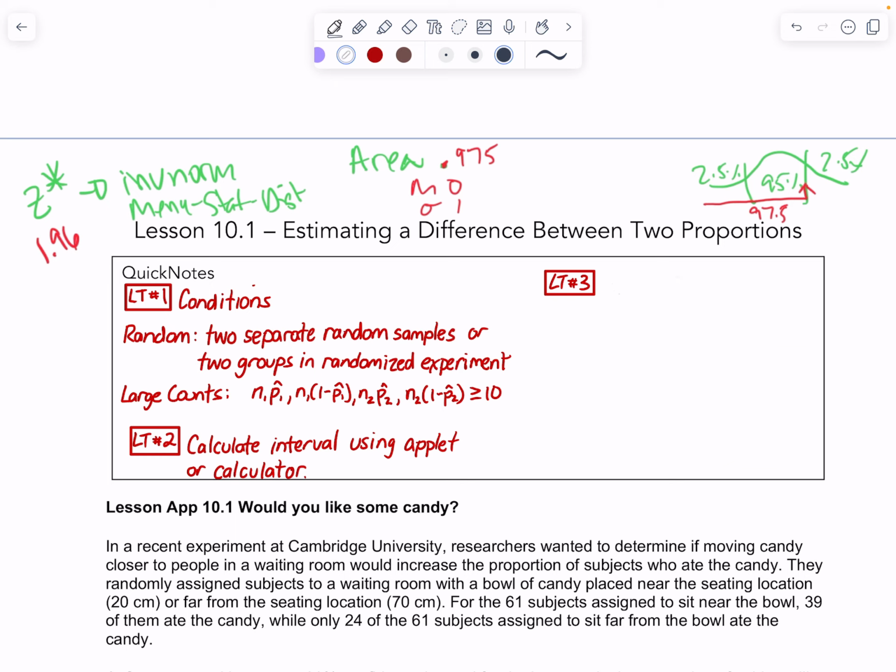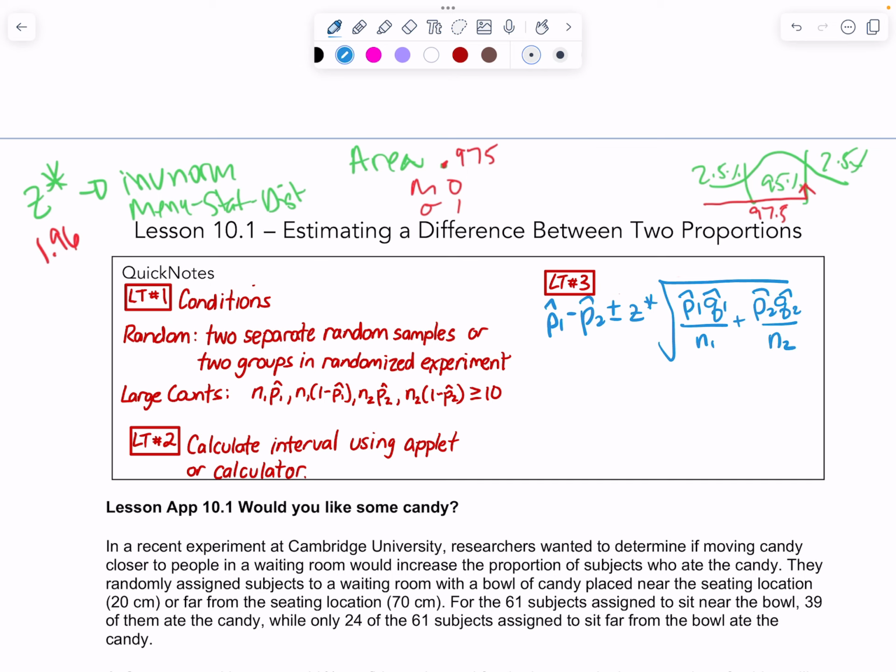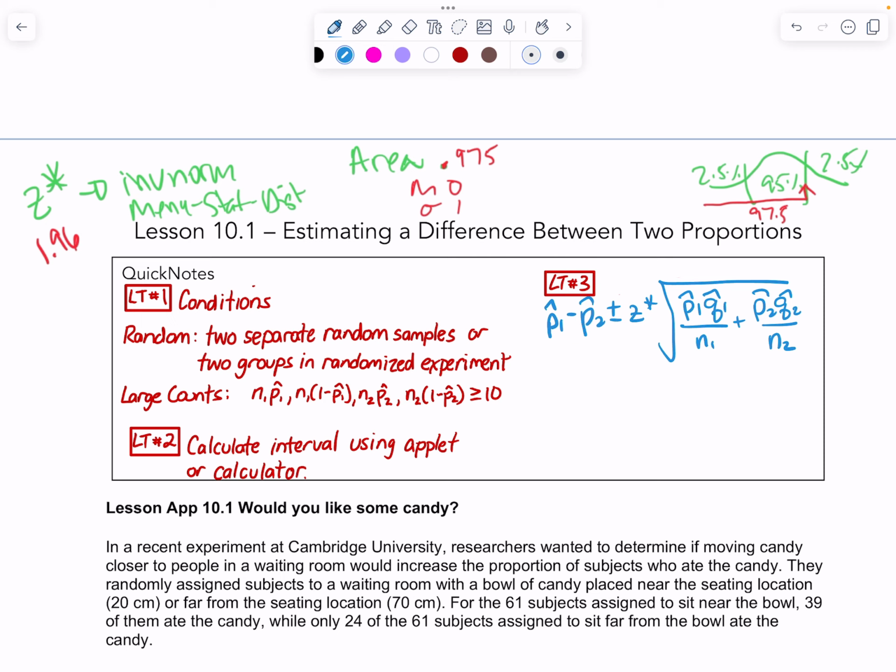I want you to make sure that you have this formula, and the formula is going to be P1 hat minus P2 hat plus or minus Z star square root P1 hat Q1 hat over N1 plus P2 hat Q2 hat over N2. Remind yourself that Q1 is just 1 minus P1.